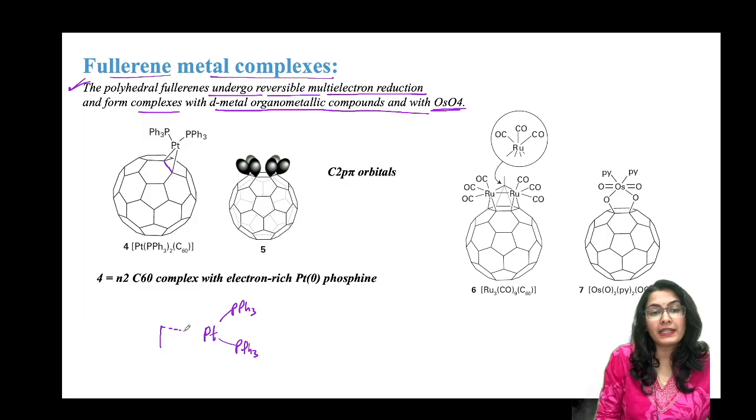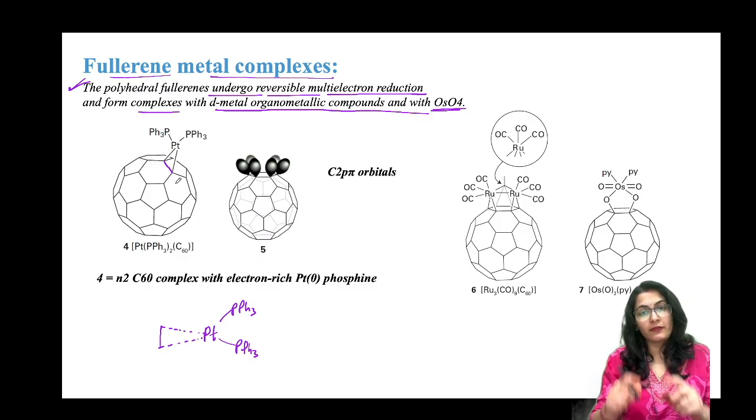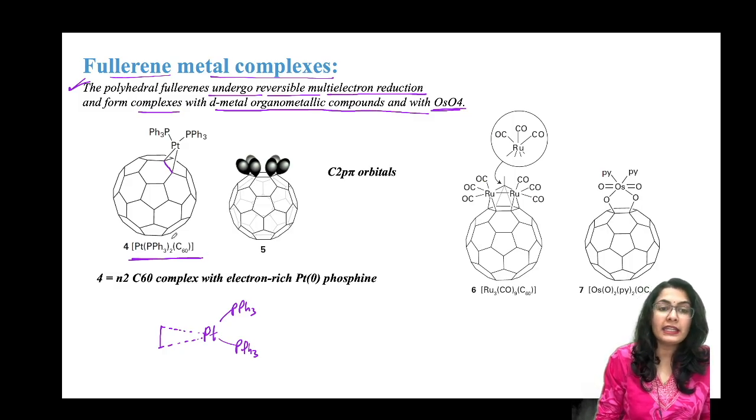This is a metallacyclopropane structure, right? So if you study organometallics, you will know what kind of a triangle bond this is. It is just a double bond only, but with a lot of pi back bonding, right? So this is one example of a fullerene metal complex, the diphosphine C60 complex, right? And this is how the C2 p pi orbitals are present. All right, chalo.